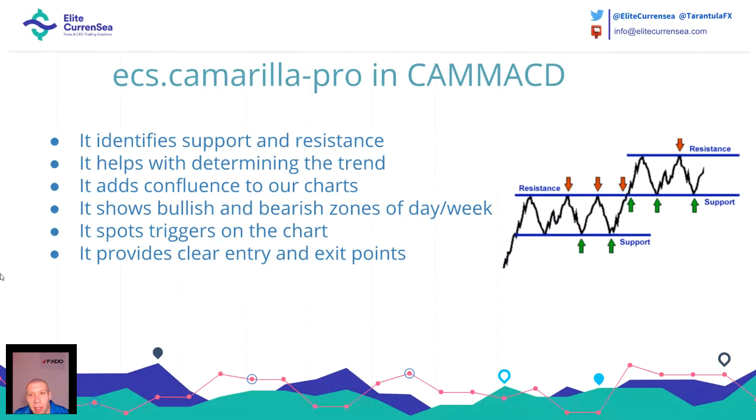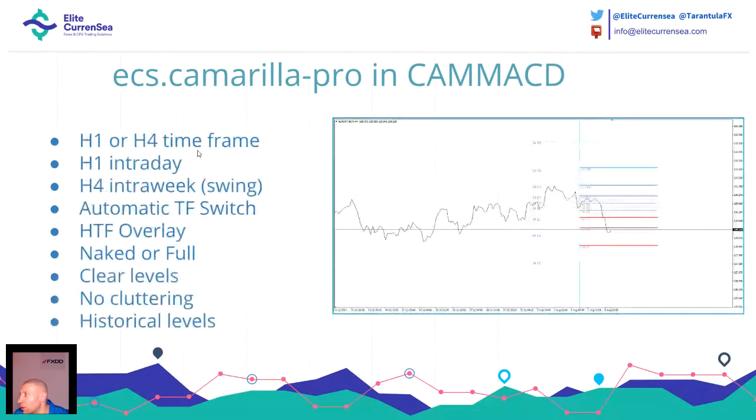Also important is that you can switch between time frames. I personally use the 1 hour time frame for intraday trading. 4 hour is used with the Camarilla.Pro light method, and it is for swing trading. The beauty of this indicator is that it automatically displays different levels based on the time frame.